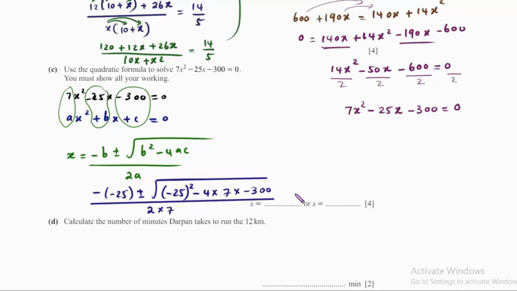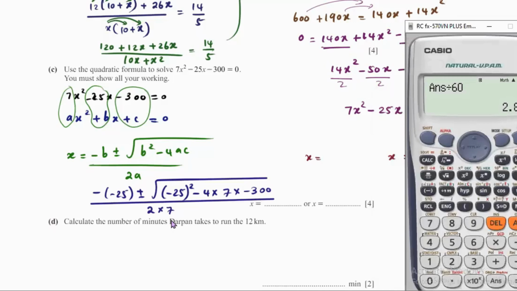So I'm going to put this in the calculator and see what we end up getting. This will give us 2 values for x, so let's see what those 2 values are. One time we need to put it with this plus, and the other time with this minus.